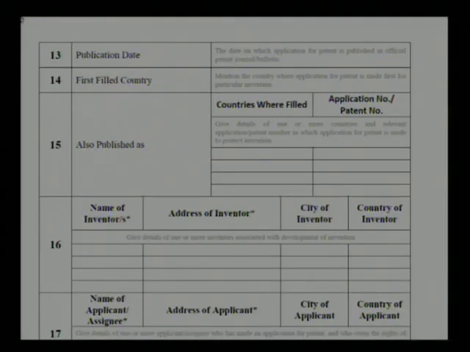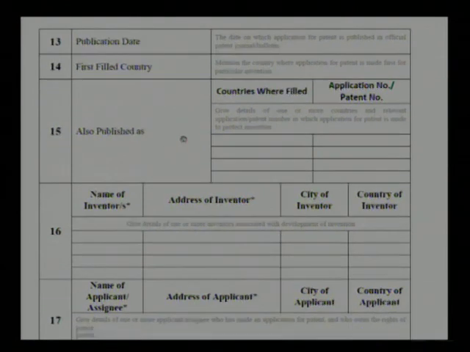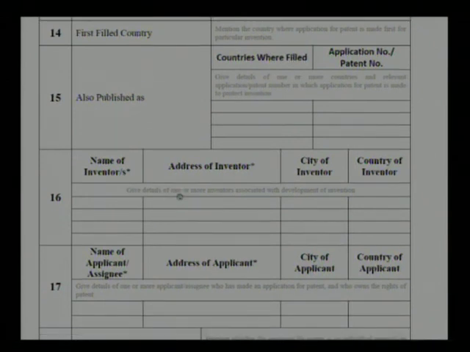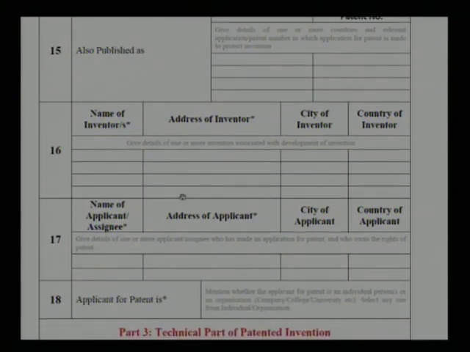Okay. Now the next question is details about the inventor and the applicant. Before going to this question, let's first clarify the difference between inventor and applicant. The inventor is the one who basically develops that particular innovation or patent, right?